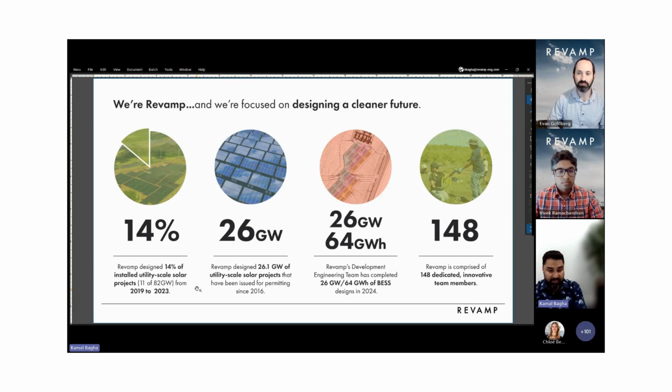Our development team has designed nearly 300 gigawatts of renewable projects since 2016. We have a team of 148 rock stars committed to delivering resilient, high-performance systems that meet today's energy demands and lay the groundwork for a sustainable future.